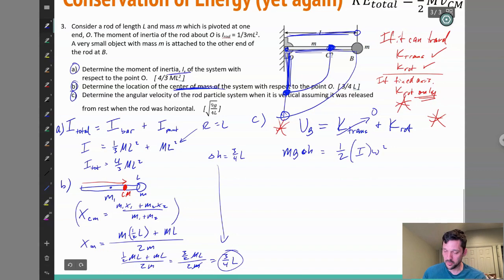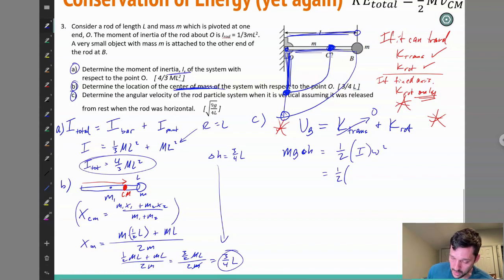The reason I put I in parentheses is because I'm going to segregate that from the rest of the expression, because the I, as we found earlier, is not one of the convenient shaped I's. We had to figure that out ahead of time. So we've got that to plug in.